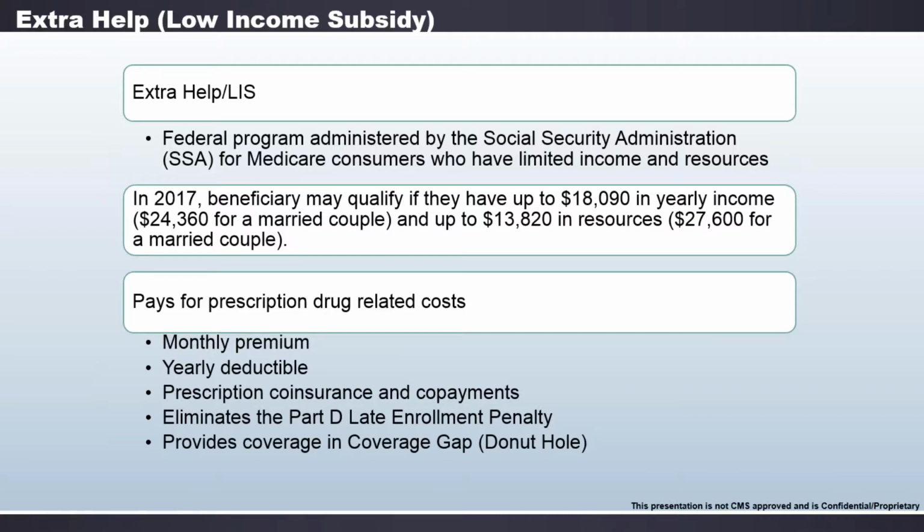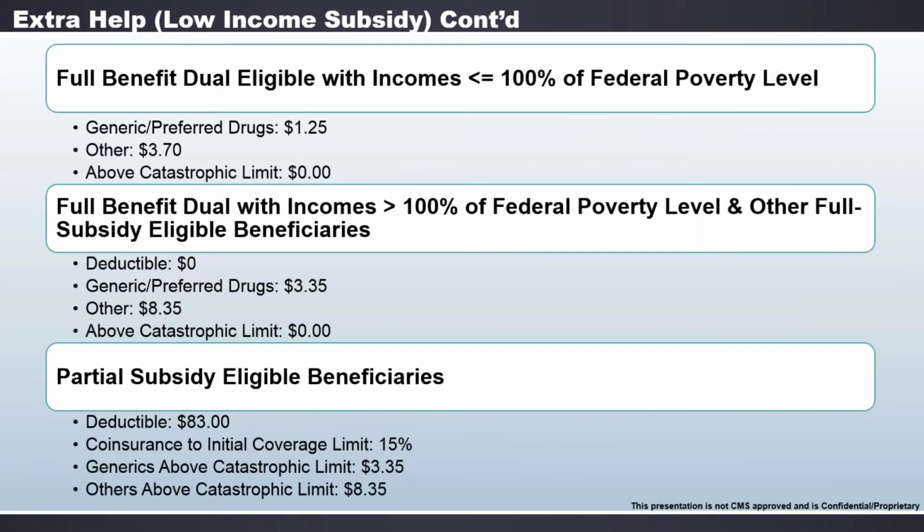So it does take into consideration some of their resources towards their income, and it helps pay for the prescription drugs as well. So it'll help with related costs of their premium, as well as their yearly deductible, their coinsurance and copays, and it helps eliminate that Part D late enrollment penalty if that was incurred for them, and it helps provide coverage in that donut hole gap as well, so that they can receive some assistance if they need to.